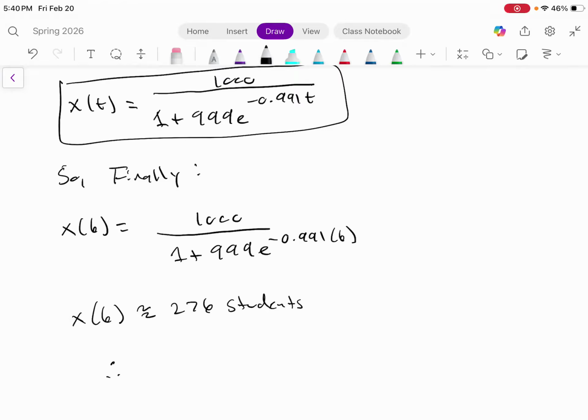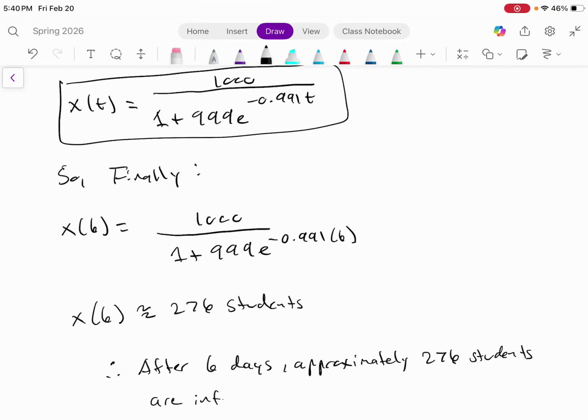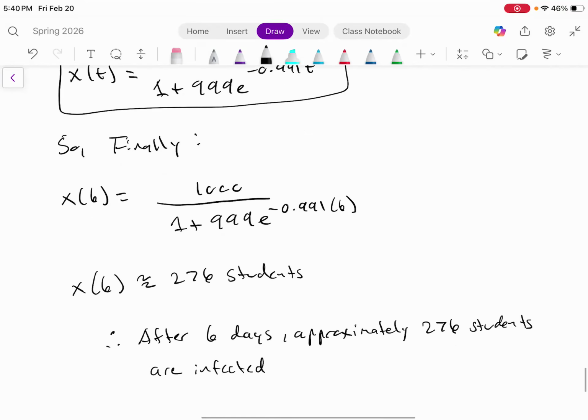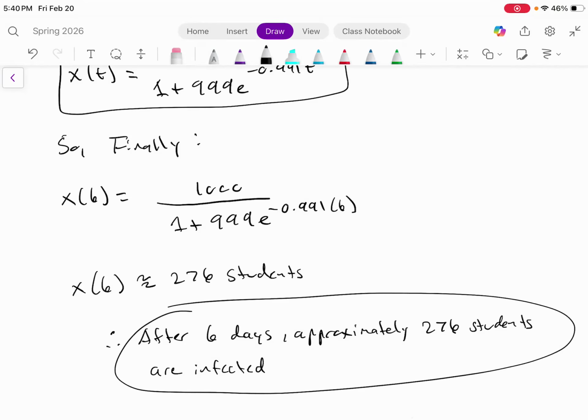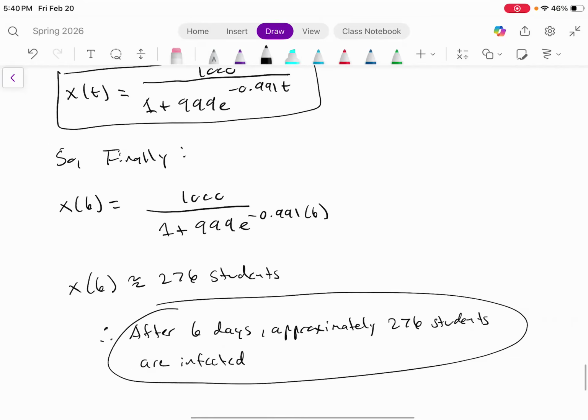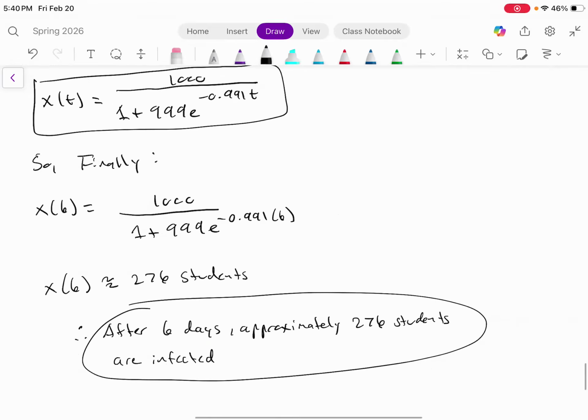So therefore, after 6 days, approximately 276 students have the virus, or are infected. That's a better statement. So that's how we would use a logistic growth model for something like a spread of disease.